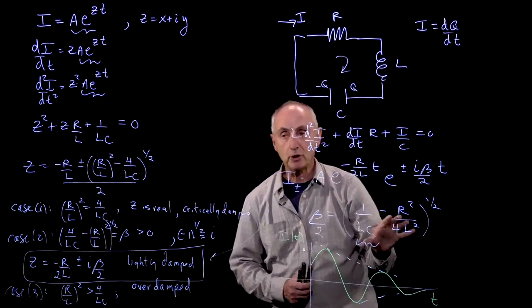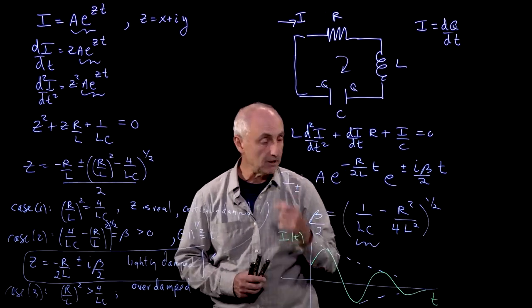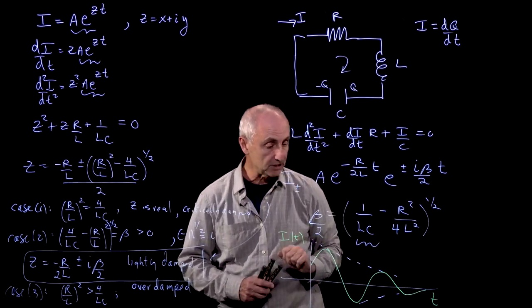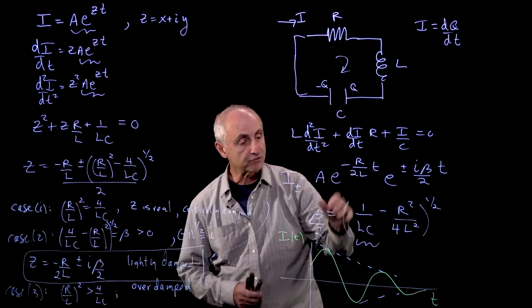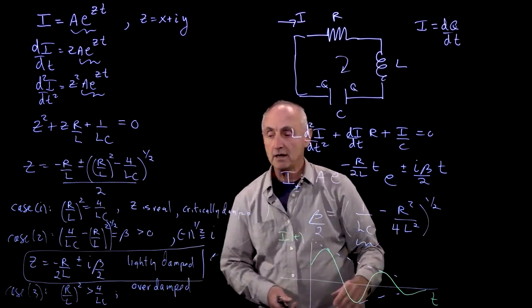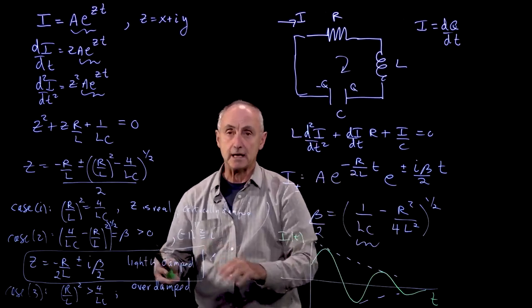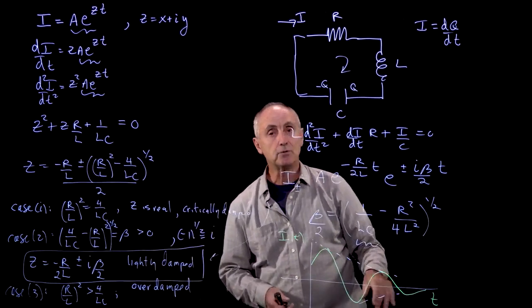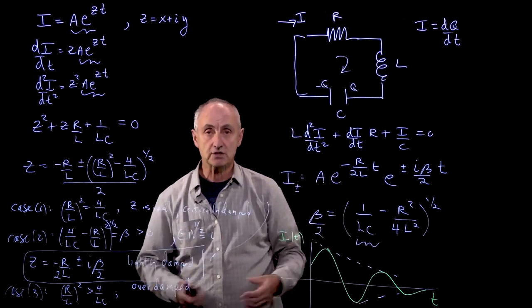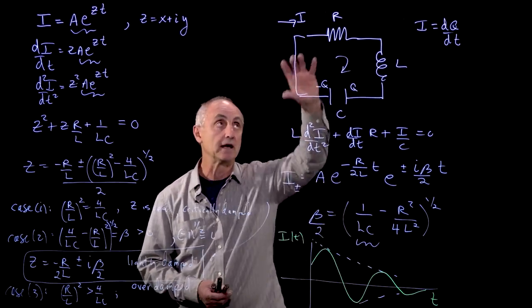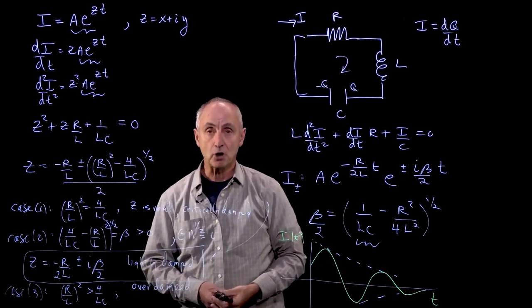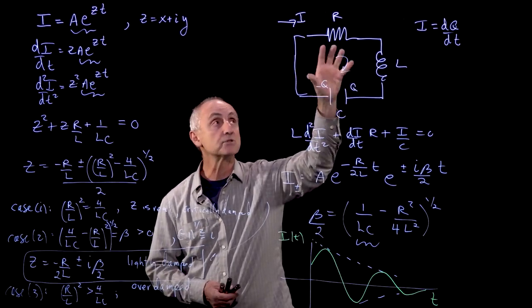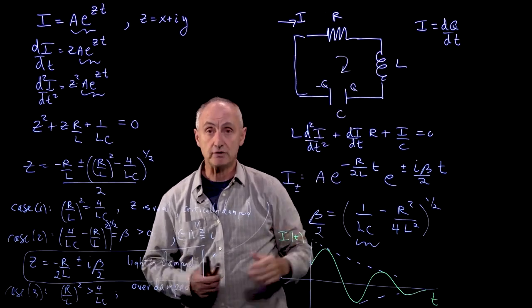The oscillatory frequency is not the underlying frequency of the LC circuit, but a little bit different. And this exponential factor is damping down. That's why we call it a lightly damped solution to this problem. And you've already looked at this case in terms of energy when you were analyzing the damped RLC undriven circuit.